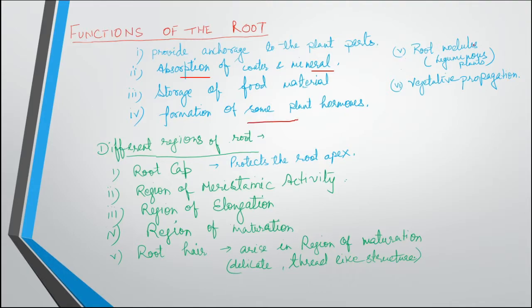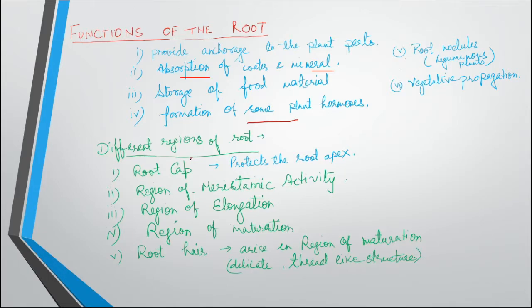In some plants, root nodules are formed, like in leguminous plants, where the rhizobium bacteria live in the root nodule as a symbiotic association and fix atmospheric nitrogen into the soil and hence increase the soil fertility. Vegetative propagation is also done by some of the roots. They help in propagation and give rise to new plants.